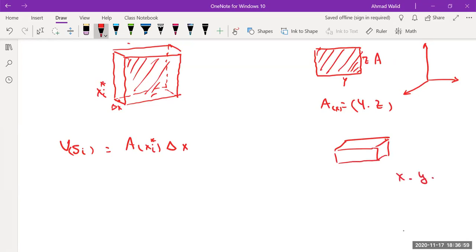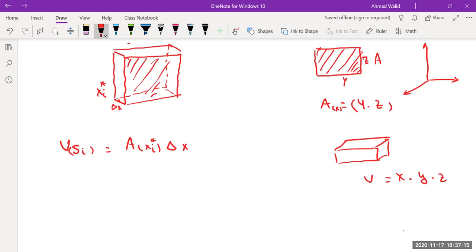But your X here is delta X, because you take a tiny piece, a tiny slab of that shape.